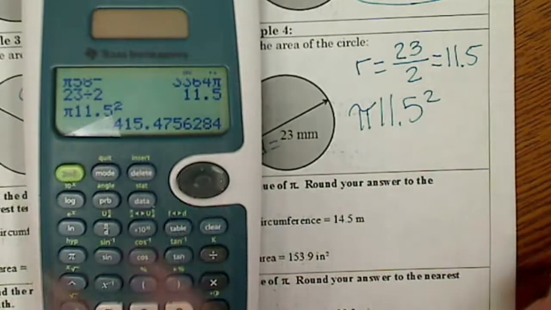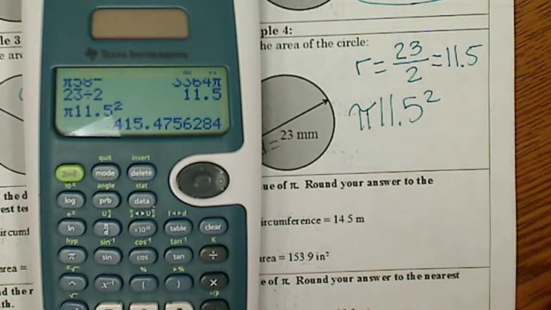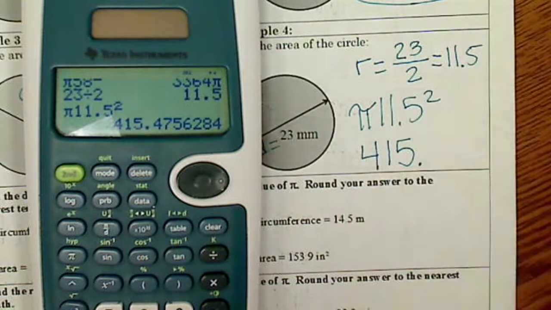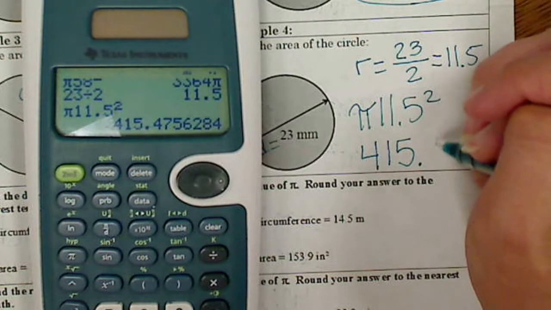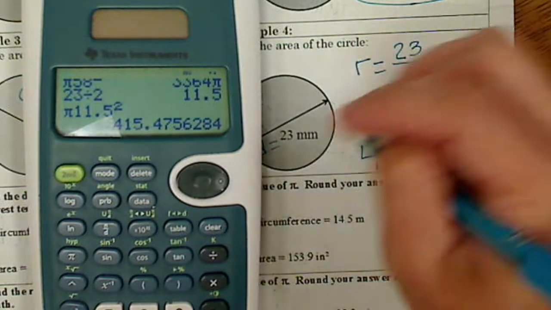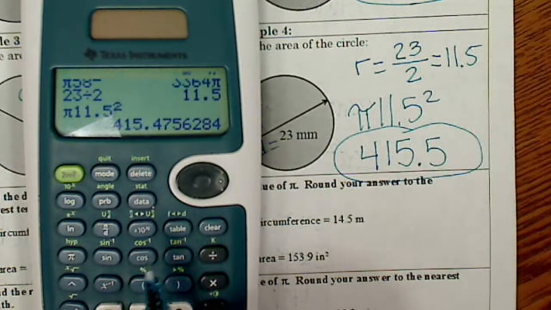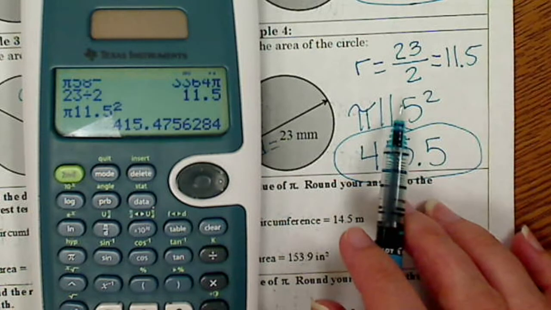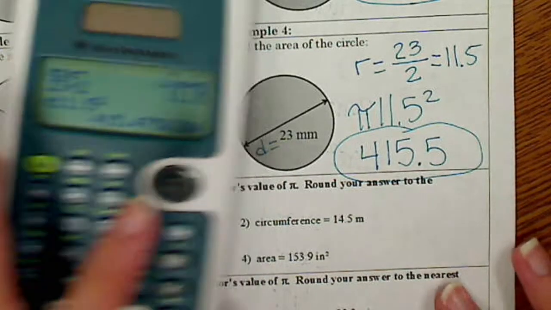Now, this time I do not get a pi answer because we already had a decimal. So we're just going to round to the tenth, the first decimal place right here. So I just rounded that up. Since it didn't give me a pi answer, there's not going to be an exact answer because we started with a decimal, we're going to end with a decimal.